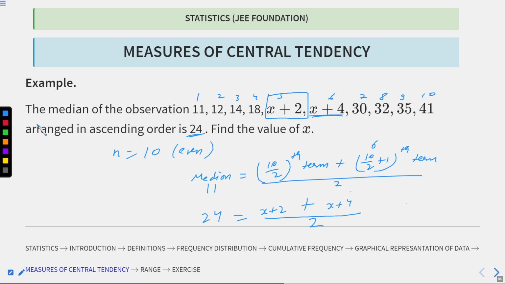If you read the example carefully, the median of the observations, arranged in ascending order, is 24. Now just solve for x. It is quite easy. 2x plus 6 divided by 2 is equal to 24, so x plus 3 is equal to 24, and x is equal to 21. I hope this is clear.